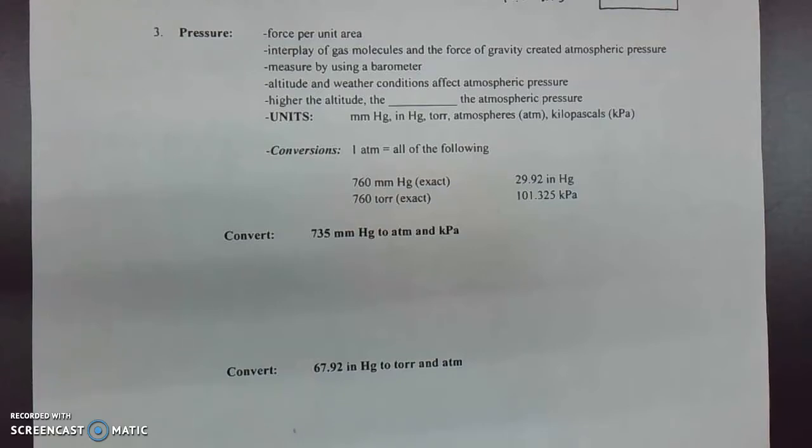So we have been looking at our different units and variables for gases, and we have talked about volume and temperature. Our third one is pressure, and pressure is defined as the force per unit area. It's an interplay of gas molecules and the force of gravity that creates what is called atmospheric pressure.